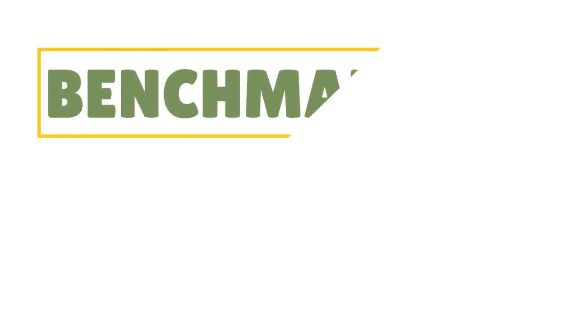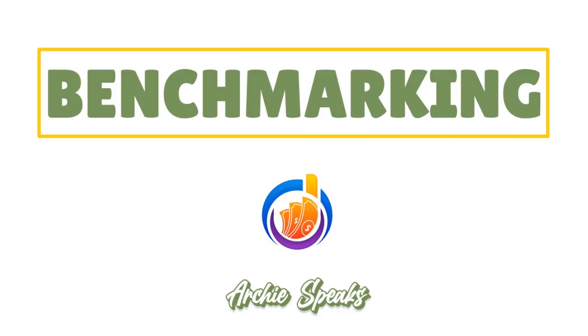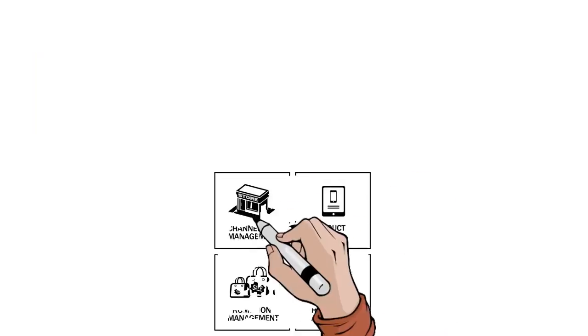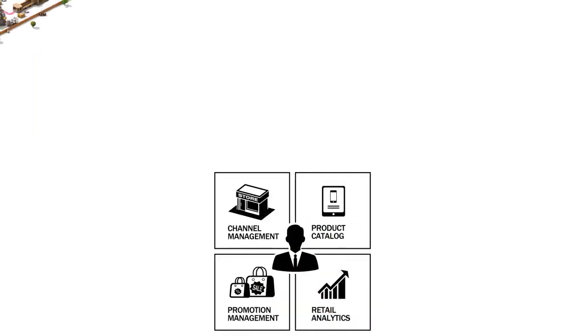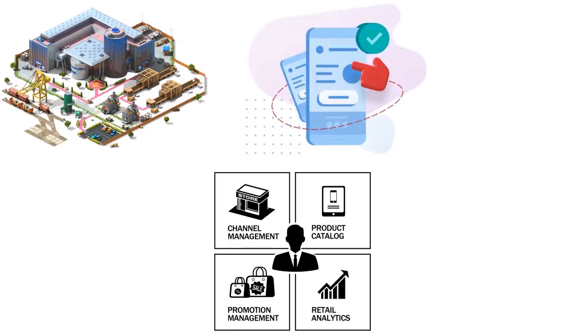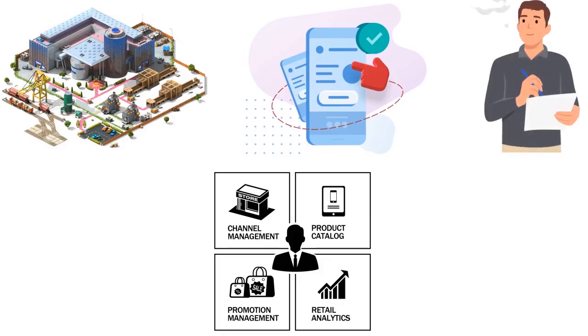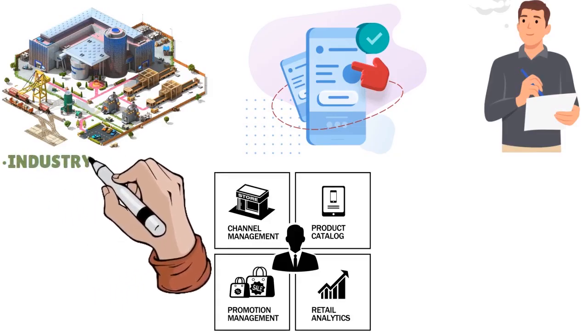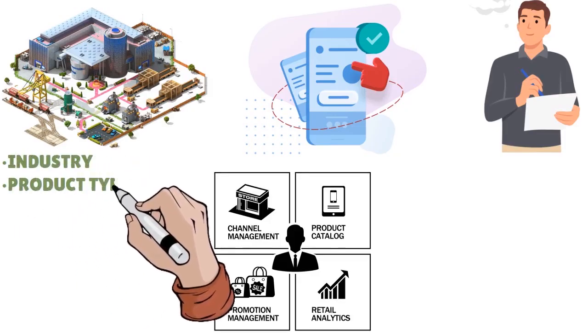So let's talk about benchmarking here. How do you calculate minimum order quantity? As a retailer, especially if you design and manufacture your own products for in-store or online sales, you might find yourself setting MOQs for wholesale orders to other retailers. It's crucial to understand how MOQs are calculated because they can vary significantly based on industry and product type.